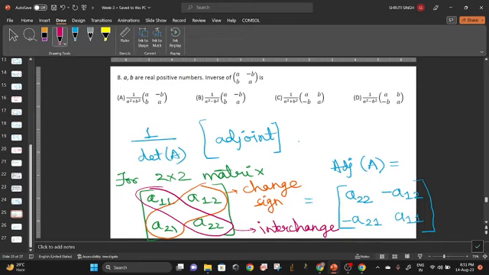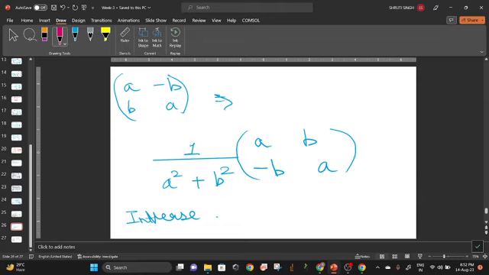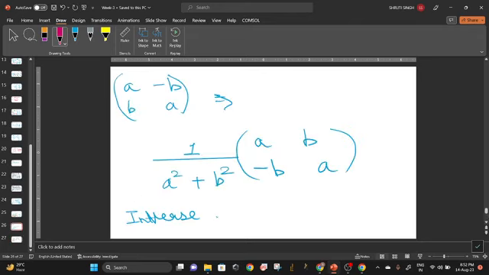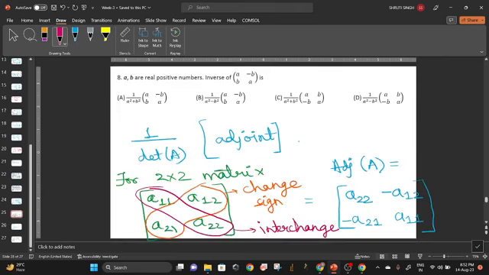Even for a 2 cross 2 matrix, if the numbers are complex, then this will not be applicable. For real numbers you can, because they have written here that these are real numbers. Yes ma'am, okay. So that's why I gave you this one.